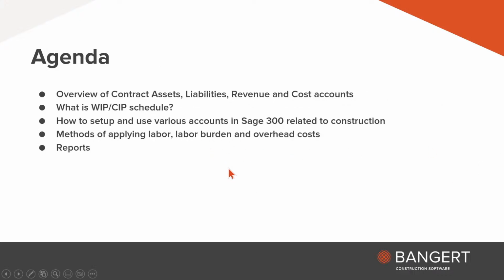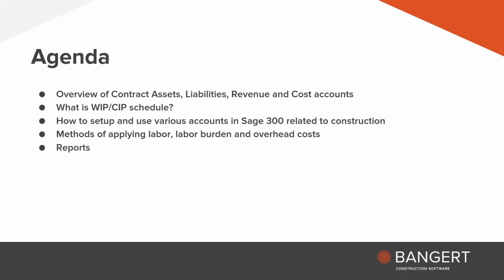So first we're going to go over what a very simple financial statement would look like, along with the WIP or work in process or construction in process schedule. And then we're going to show you how to set up some of these accounts and some things in Sage to mirror what I'm showing on the financial side.